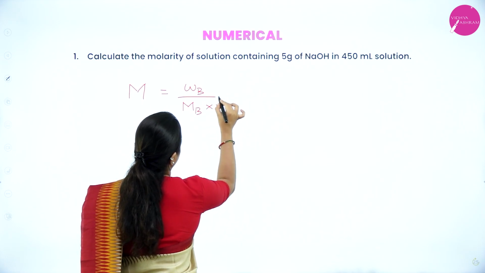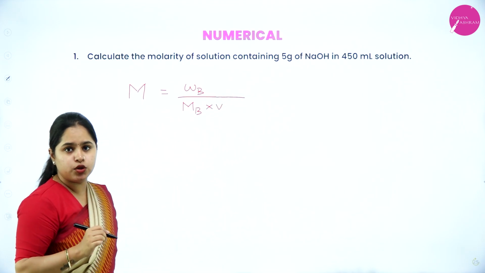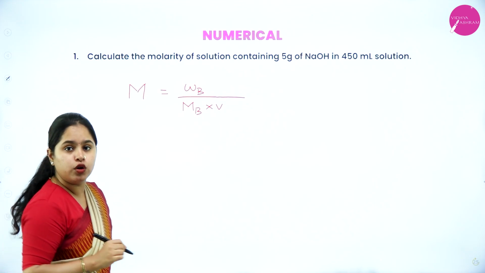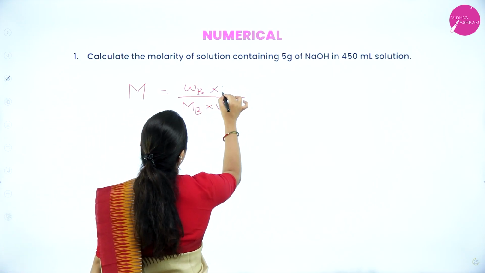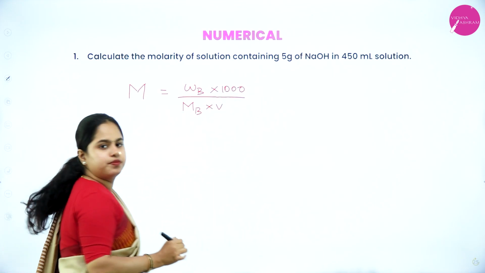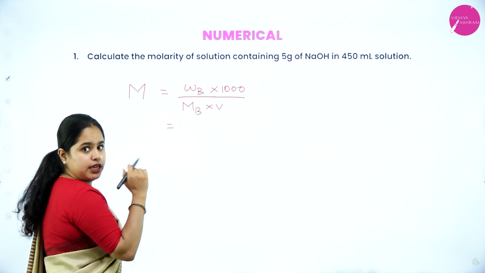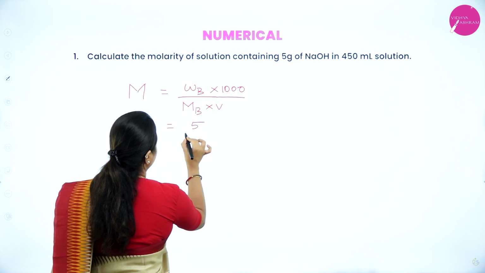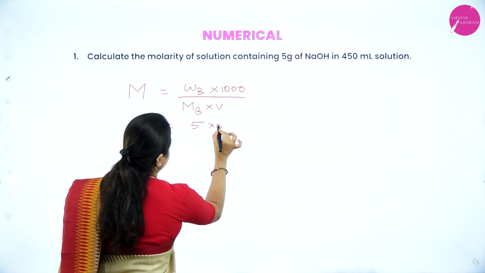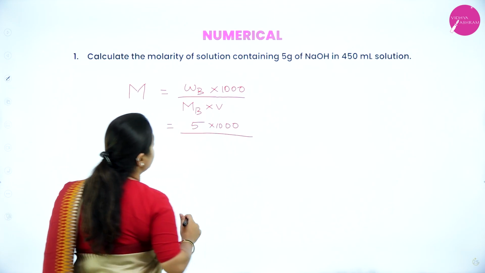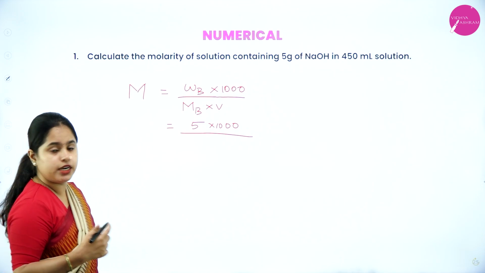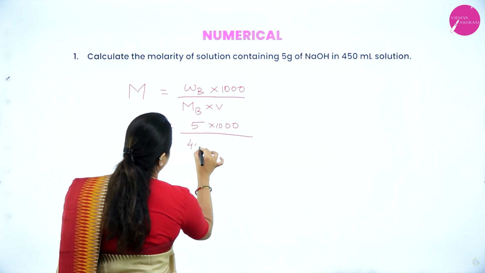So into V, and in the numerator I have to use 1000 because it is given 450 ml, right? In ml it is. So into 1000. Clear? So what is the given mass? It is 5 gram of sodium hydroxide, right? So 5 into 1000 divided by the molar mass of sodium hydroxide, which is 40, right?